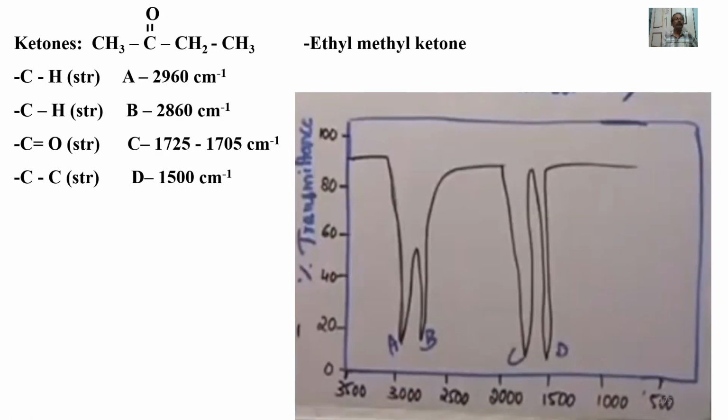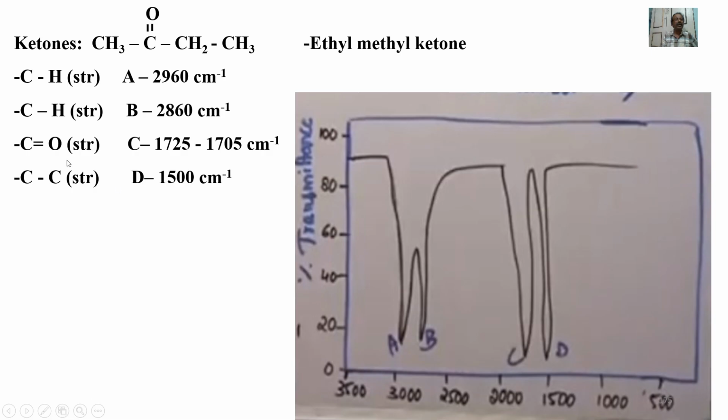And for ketones we have taken the example of ethyl methyl ketone. So we have CH stretching in CH3 and CH stretching in CH2 here, and of course we have CO double bond, and this is CC stretching. CH stretching in CH3 lies at 2960 per centimeter, which is located here in the figure.